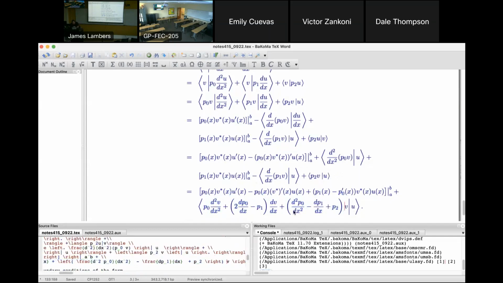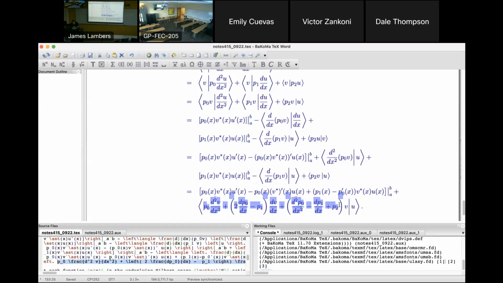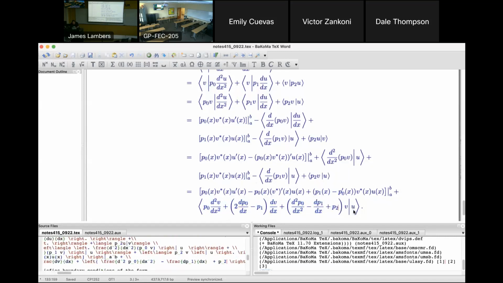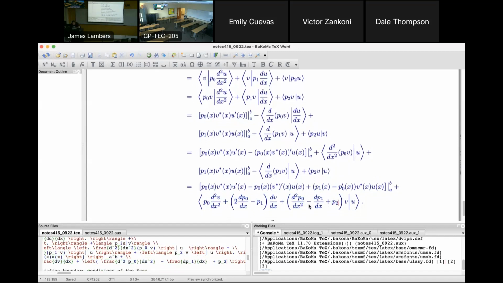So what happens is the scalar product of v with LU is equal to the scalar product of this operator applied to v with u, but also these boundary terms. Any questions about how this monstrous scalar product worked out?